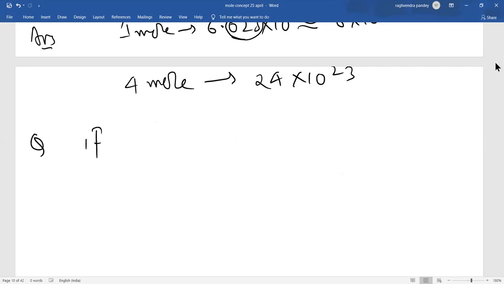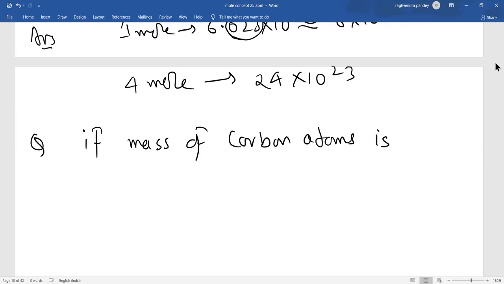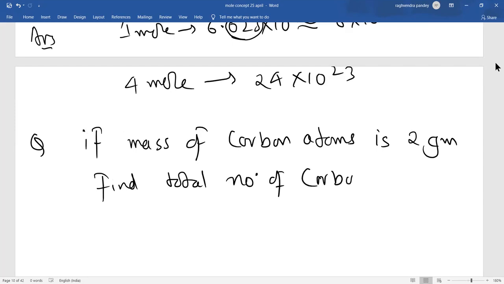If the mass of carbon atoms is say 2 grams, find the total number of carbon atoms.